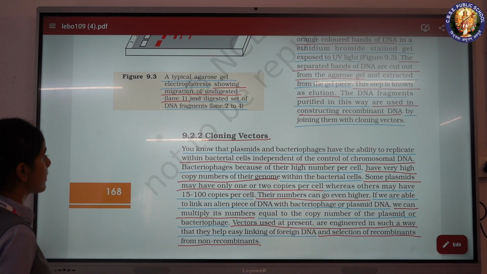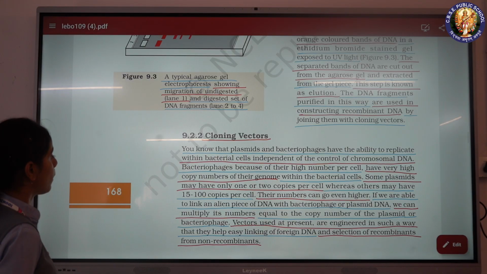Within the bacterial cells, some plasmids may have only 1 or 2 copies per cell, whereas others may have 15 to 100 copies per cell. Their numbers can go even higher.